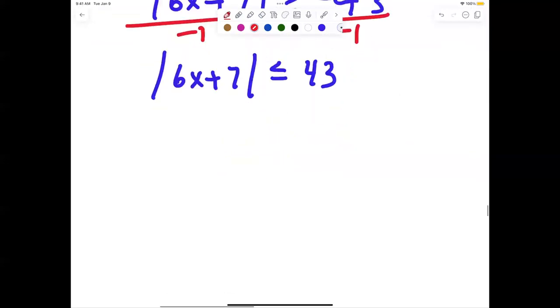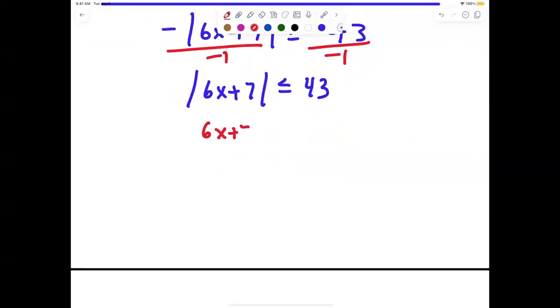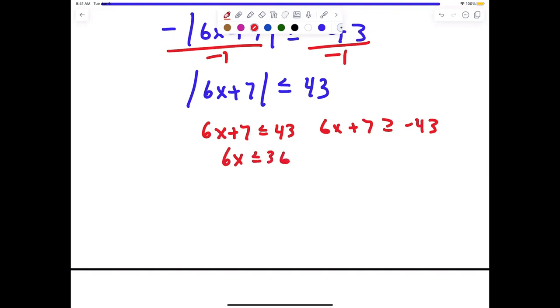Now let's rewrite it. 6x plus 7. Subtracting 7. Are we good with that? Less than or equal to 6. Subtracting 7.